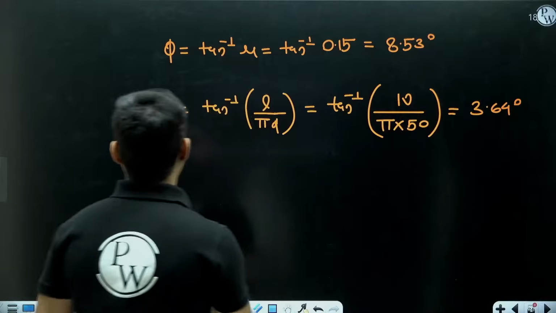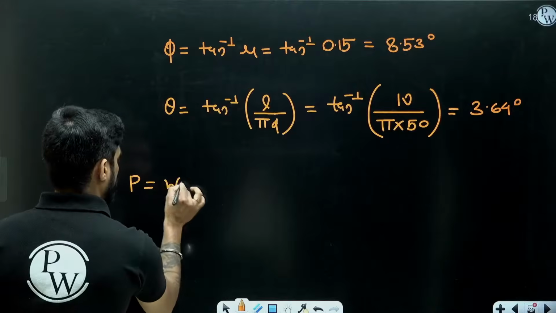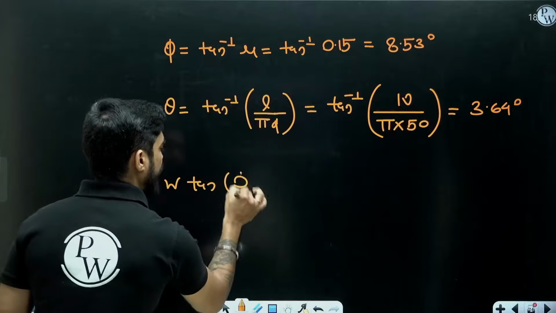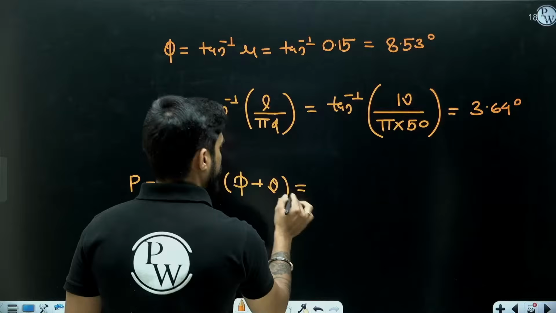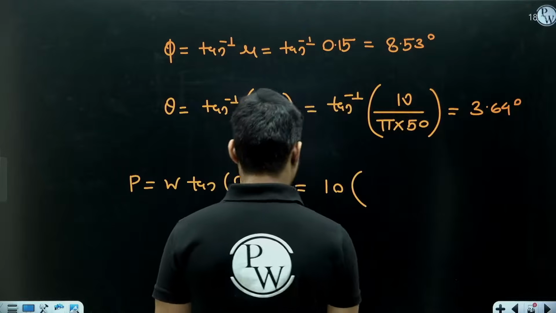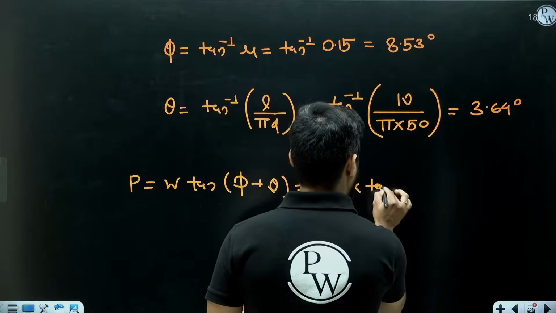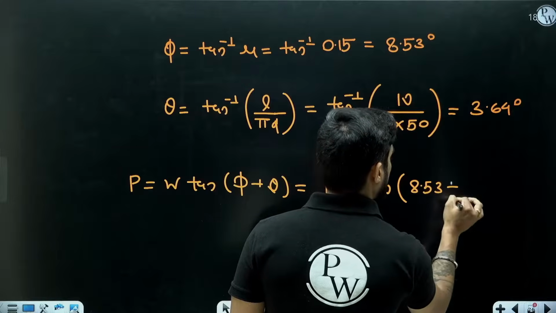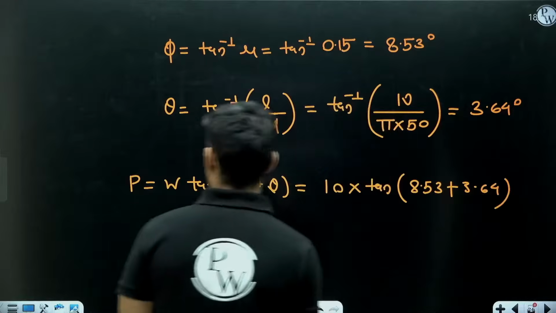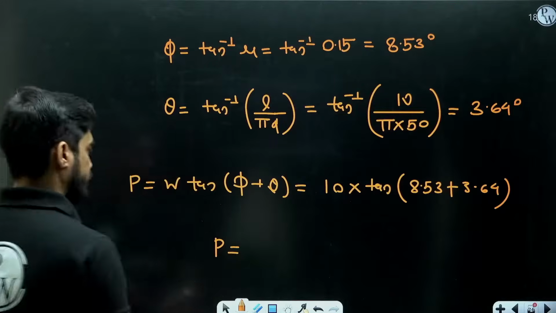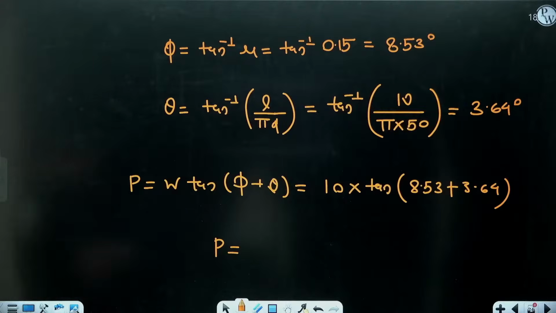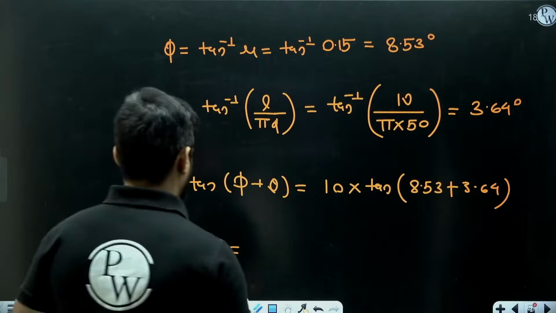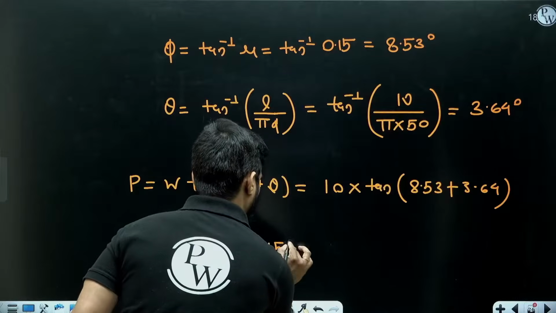So P will be equal to W tan phi plus theta. So it will be 10 kilonewton into tan of 8.53 plus 3.64. So we'll get the value of P, 2.15 kilonewton.